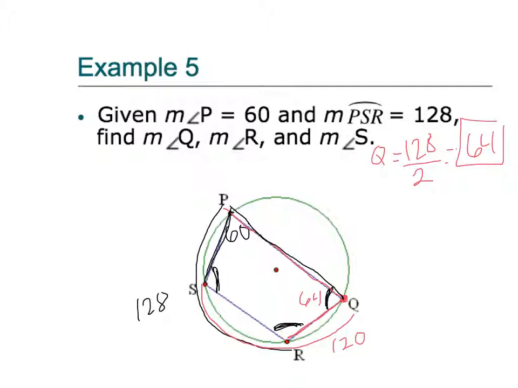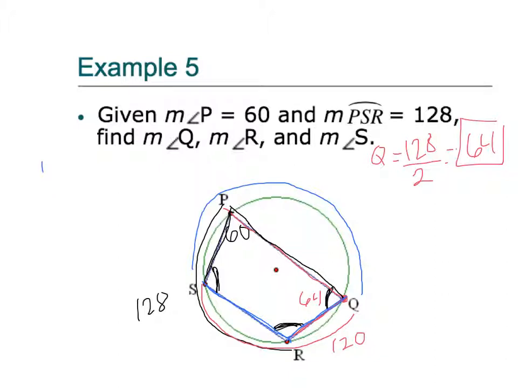Let's check out angle R. It looks a little sad and lonely down here. Angle R opens up to arc SPQ. I don't know what SPQ is yet, but I do know the entire circle is 360 degrees and SRQ is 120.